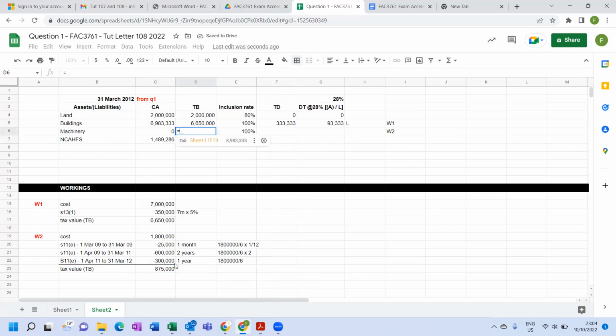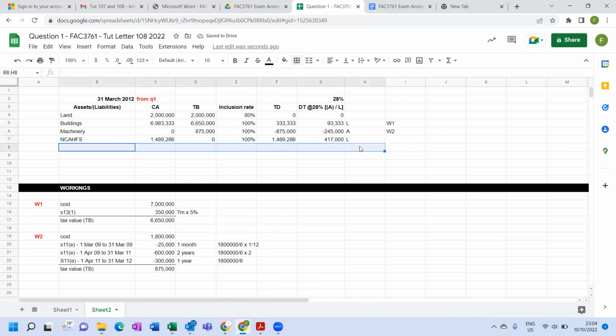So I'm going to say tax base 875. If I use this formula over here, that will be the temporary difference, so it will be an asset, and that would be a liability. So that is all the assets and all the liabilities that draw tax consequences from a tax point of view as well as from an accounting point of view.